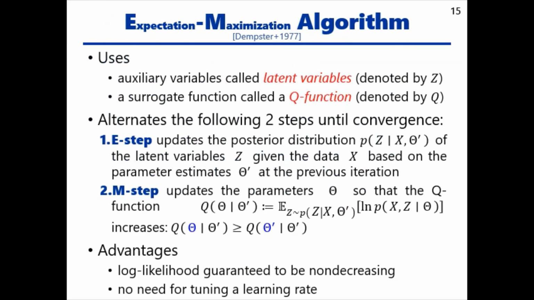Maximum likelihood estimation can be performed by the expectation maximization algorithm, or the EM algorithm for short. It uses auxiliary variables called latent variables, denoted by Z, and a surrogate function called a Q function, denoted by Q. It alternates an E step and an M step.